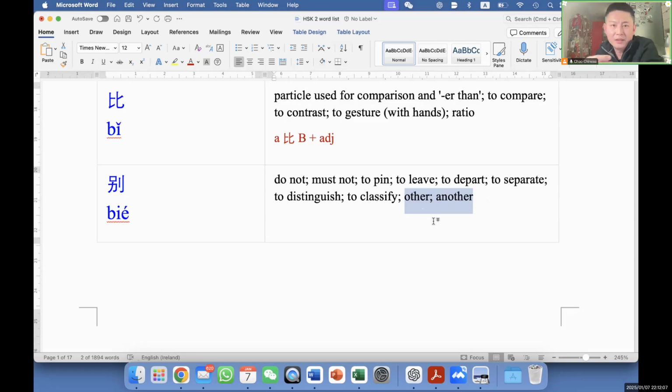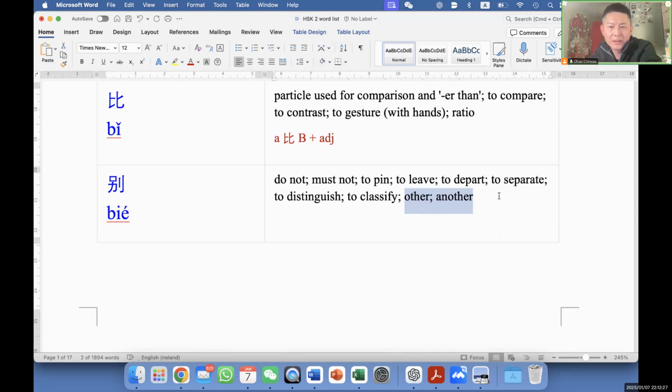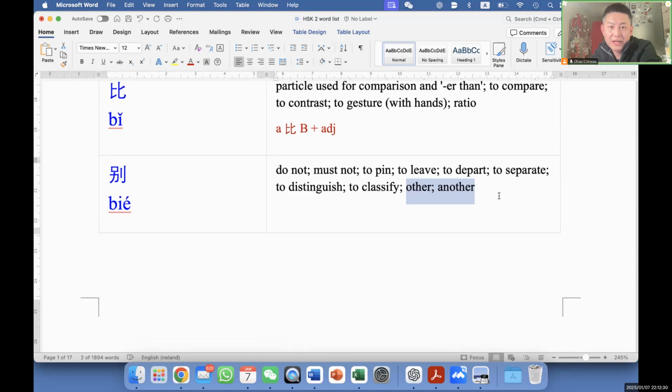Like to pin a little badge on your clothes, whatever. What does that have to do with do not? Or to leave, or to depart, or separate. I don't know. I guess do not means separation.